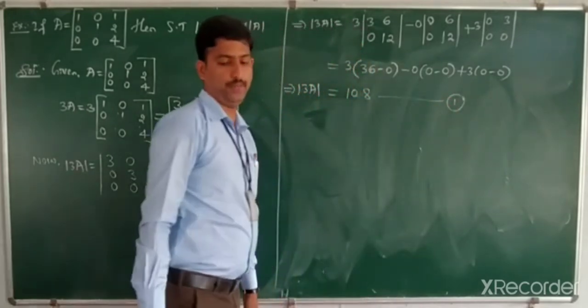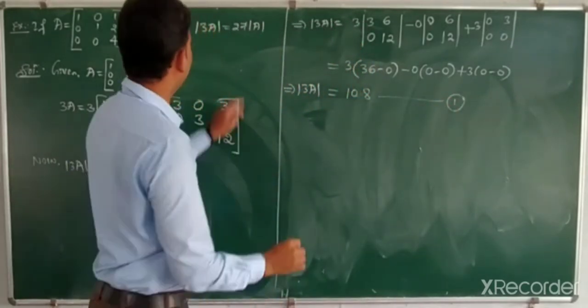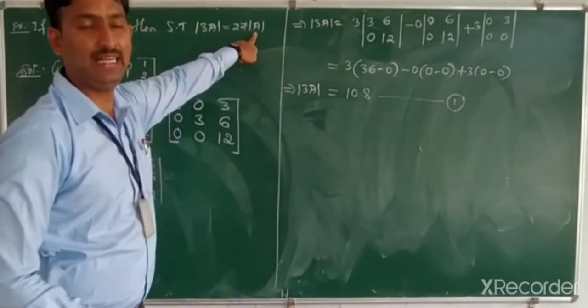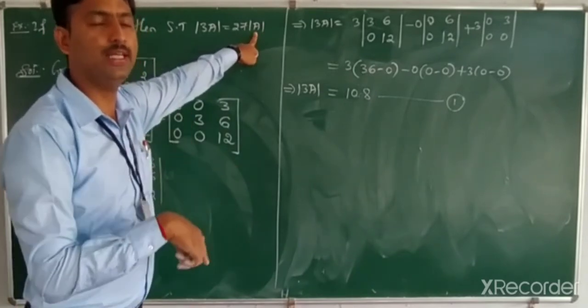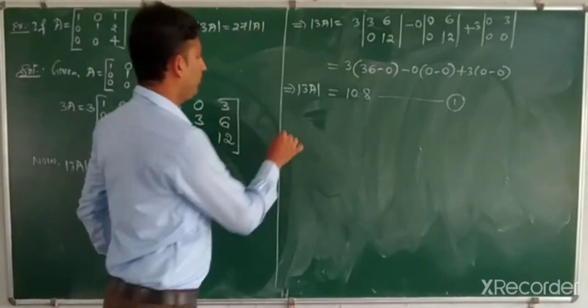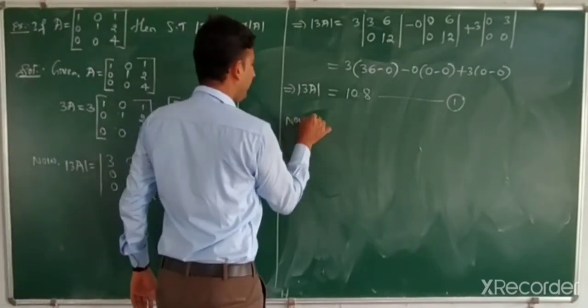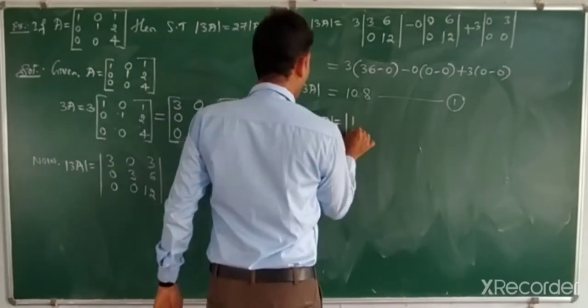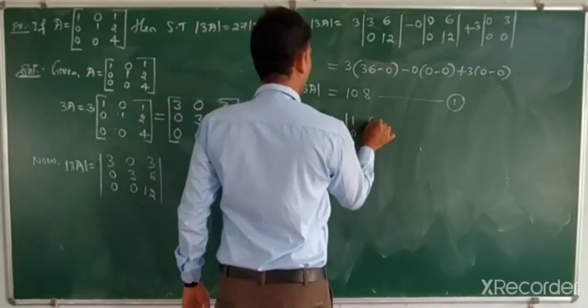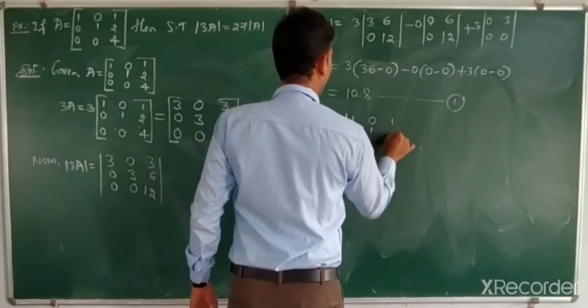Equation number 1. After that, our job is to find the right hand side, that is determinant of A, and then multiply that value with 27. Now determinant of capital A is the determinant of 1 0 0, 0 1 0, 1 2 4.